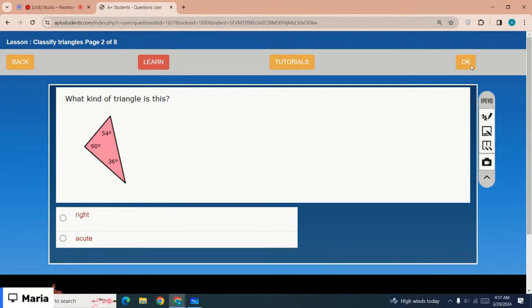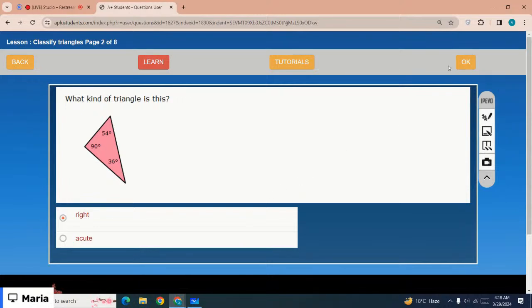What kind of triangle is this? The correct option is right angle triangle.